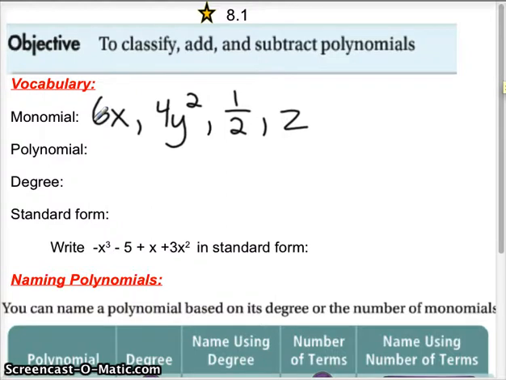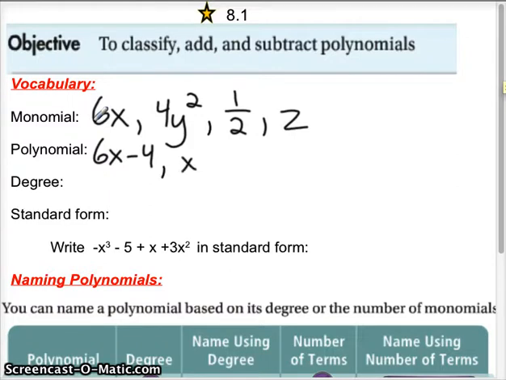Now, a polynomial, what does that mean? Well, a polynomial is a collection of monomials separated with a plus or a minus. You've seen things like this before. So, an example of a polynomial, 6x minus 4 is a polynomial. It's a set of monomials separated with a plus or minus.